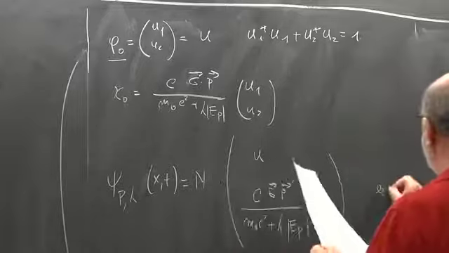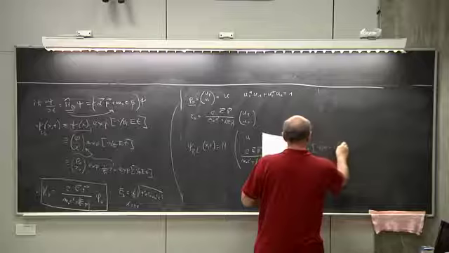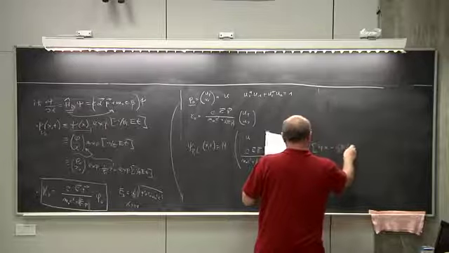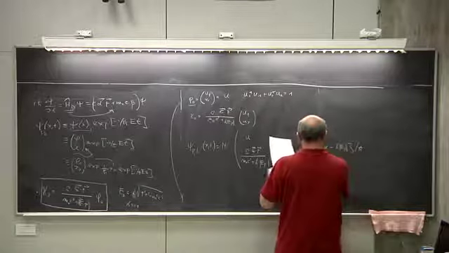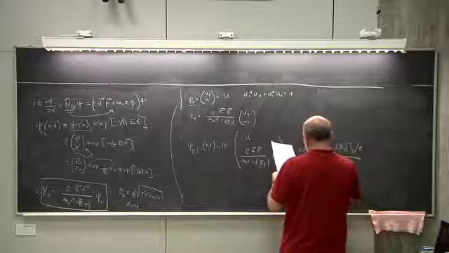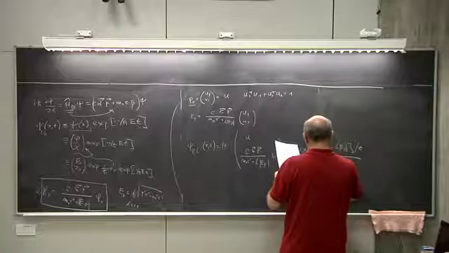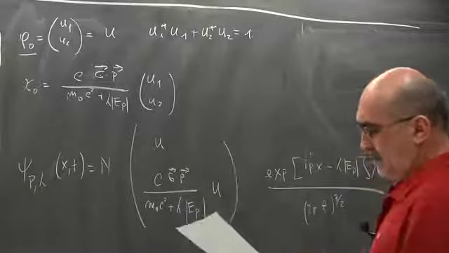And then I have the exponential of i(p·x minus lambda EP t) over h bar. And if I want, I can put the usual normalization so that this gives the Dirac delta when we normalize it.